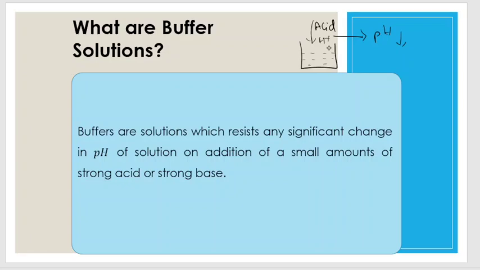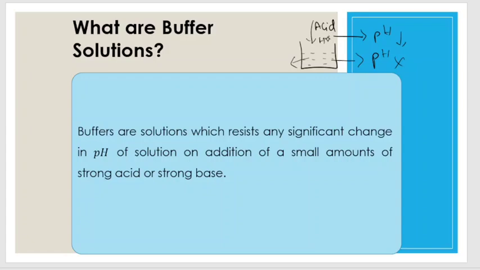But there are some types of solutions, some mixtures of solutions, where even though we add a small amount of acid to it, there is no change in the pH at all. What does it mean?